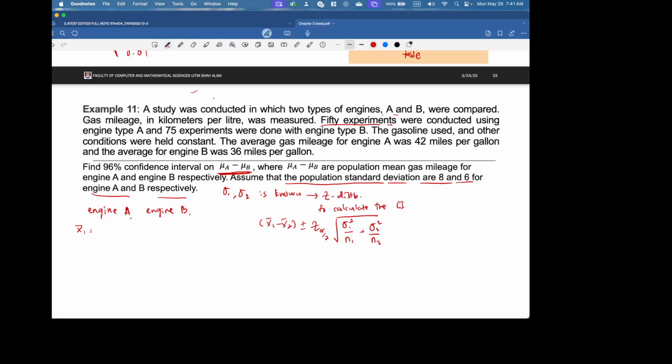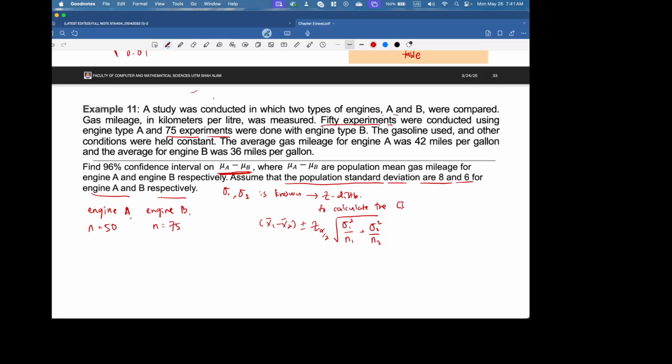So for engine A, the first information given to us is n, n equals 50. While for type B, they did 75 experiments. So for engine B, n is 75.